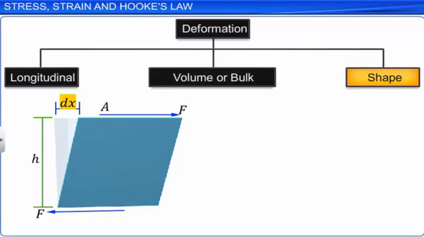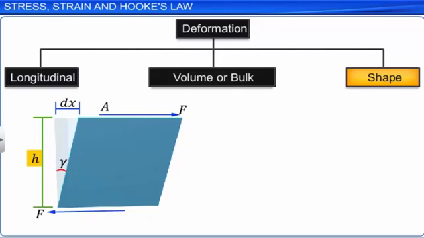The dimension perpendicular to the faces under the action of deforming forces rotates through a small angle gamma. The shear strain is equal to the value of gamma expressed in radians. Robert Hooke found that for most materials, for small values of strain, the stress is directly proportional to the strain.